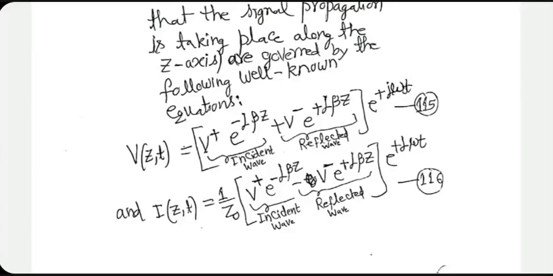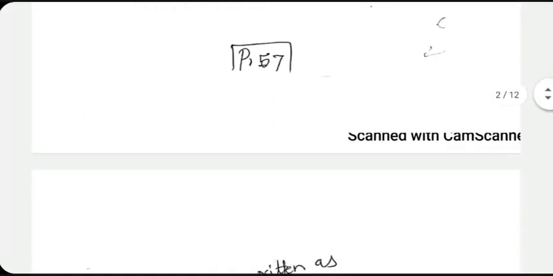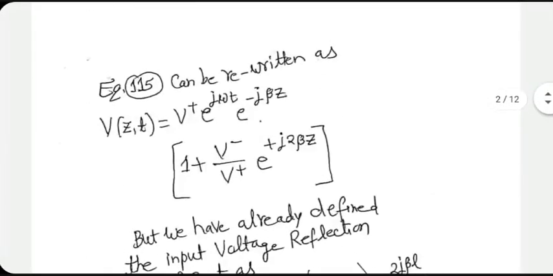So if I take that out of the parenthesis, I will get 1 plus V minus divided by V plus multiplied by e to the power plus 2j beta z. Okay, similar operation can be done on the current equation also. So the voltage equation becomes something like this.